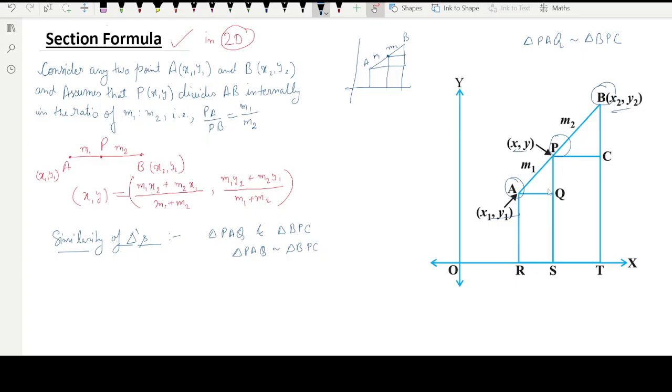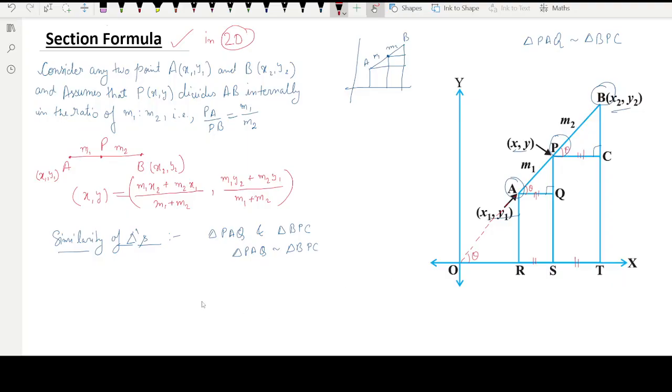Why? Because this angle is 90 degrees in both. If this angle is theta, this line is parallel to this line, so this is also theta, and this line is also parallel to this line, so this is also equal.